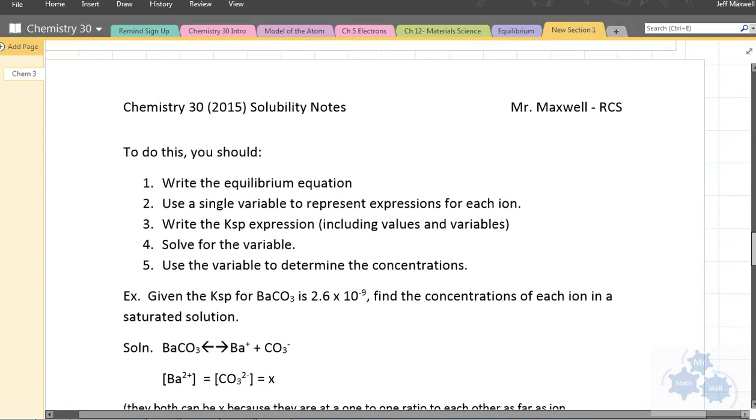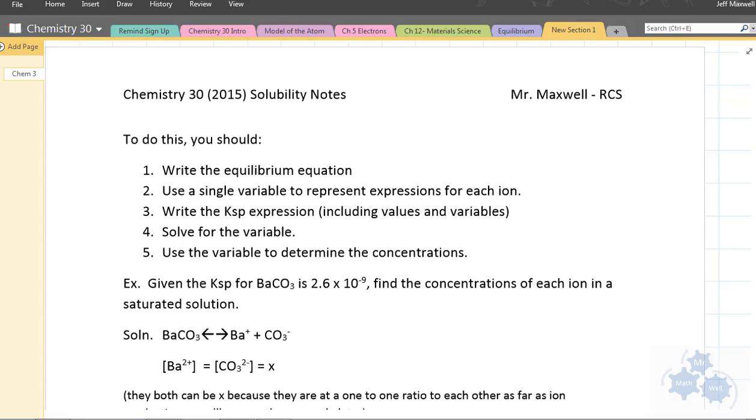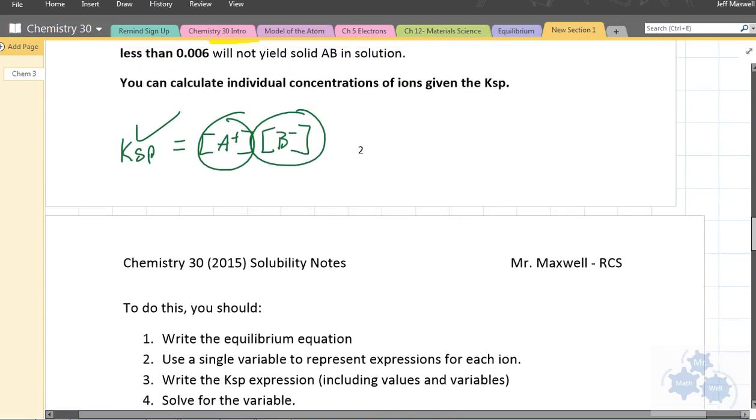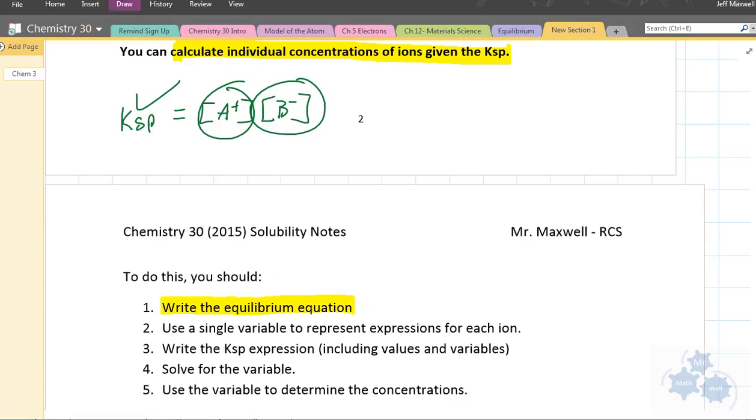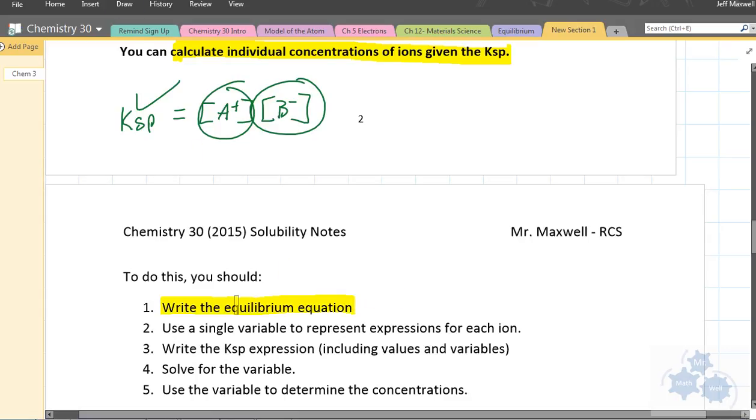So we want to write these notes out here. What are we doing again? Your title would be to calculate individual concentrations of ions given the Ksp. These are the steps. Number 1, write the equilibrium equation, or in this case, the solubility expression.